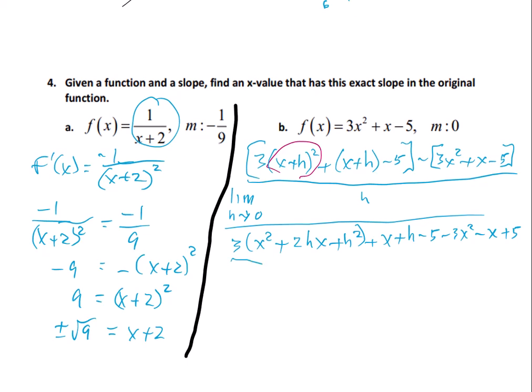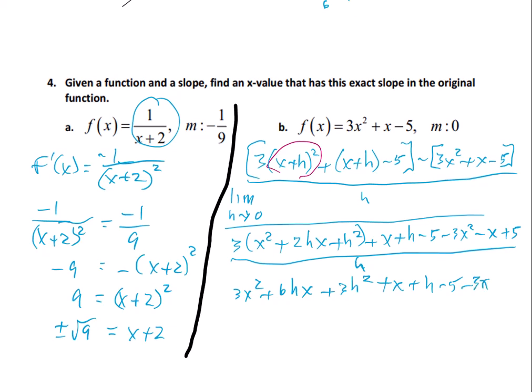All that's over h. Okay, and we're still talking about the limit, and so I've got, removing the parenthesis, 3x squared plus 6hx plus 3h squared plus x plus h minus 5 minus 3x squared minus x plus 5. All that's over h.